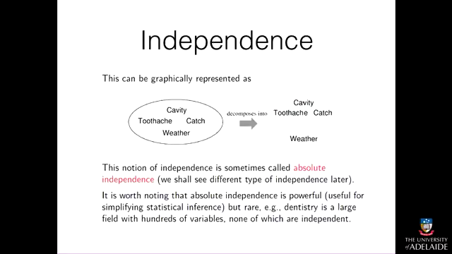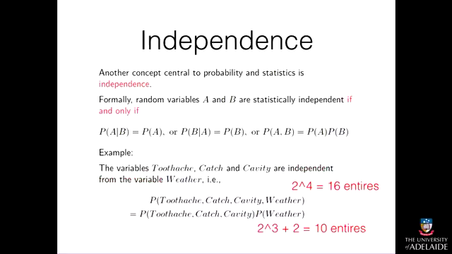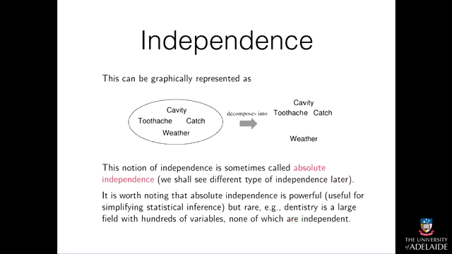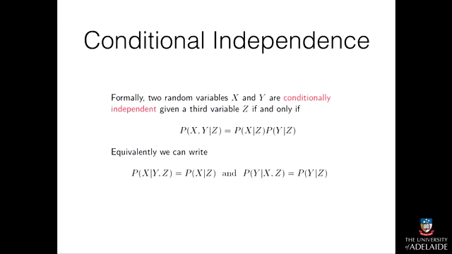But unfortunately, the absolute independence shown in this one is very rare. In practice, if you have a probability model with hundreds of random variables, usually they are somehow interrelated, so they are not absolutely independent.